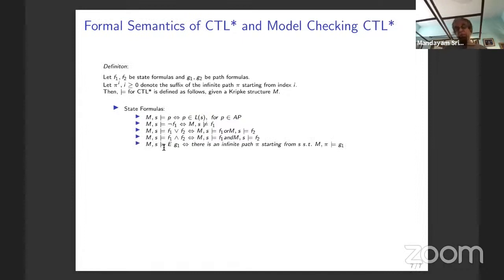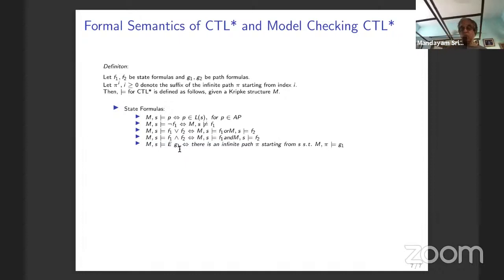Now the real interesting stuff starts with E. E G1 is true of a state s in a model if there is a legal infinite path pi starting from s such that the path pi in that model M satisfies the path subformula G1.